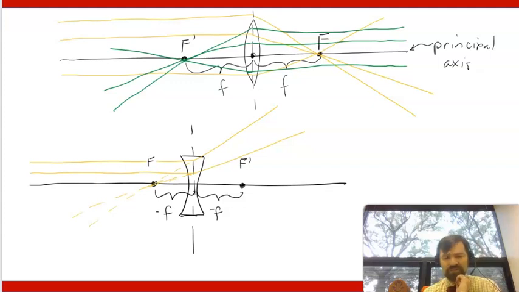And so this is the focal point that goes with this side.